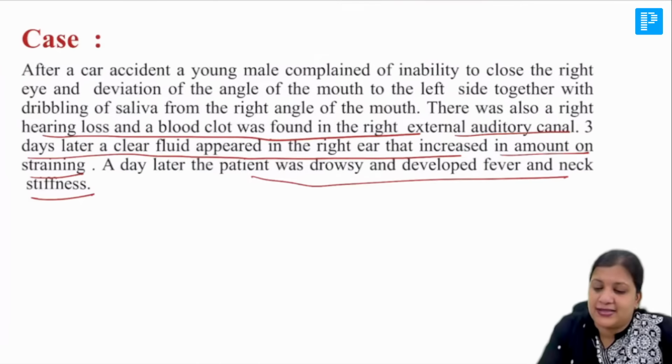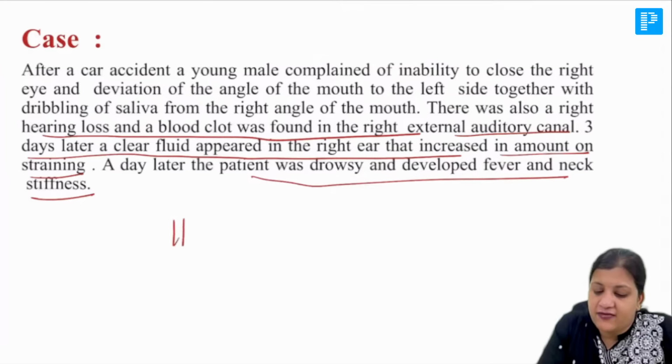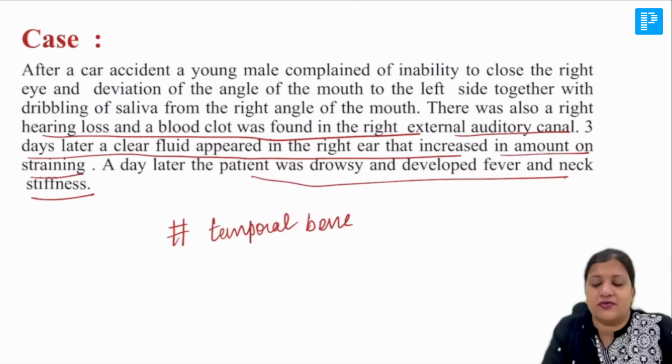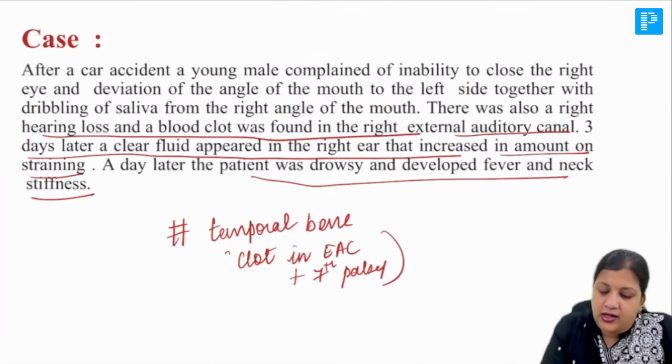So facial palsy is there. Along with that, there is a blood clot in the right external auditory canal, which indicates that there is a fracture of the temporal bone. And because of that, there is a clot in the external auditory canal. And there is a facial palsy. Now, this patient developed watery fluid, clear fluid. What does that indicate?